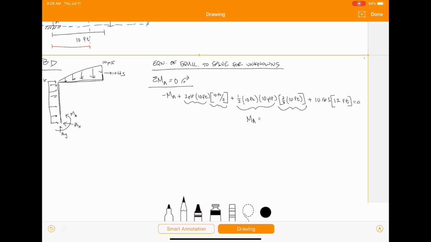Okay, so I get 553.33 pound-feet, and that's positive, so we assumed our direction correctly, so this moment is going counterclockwise.